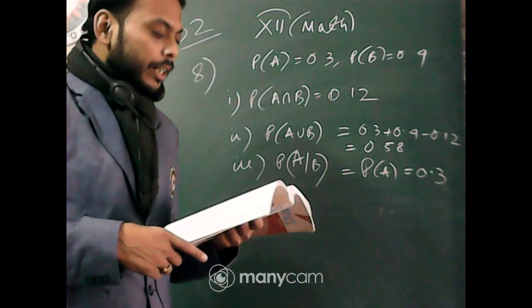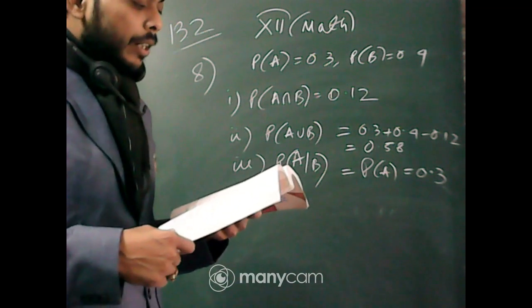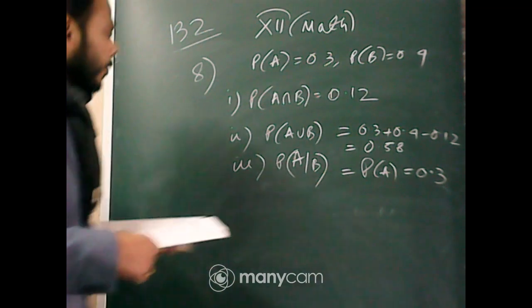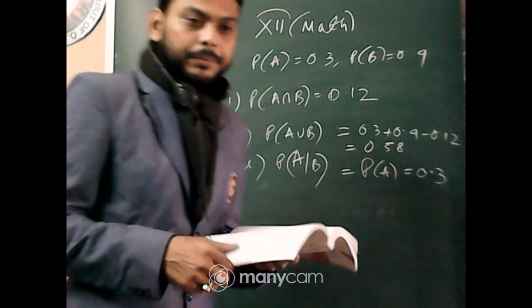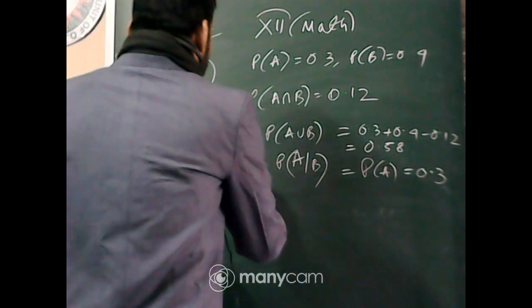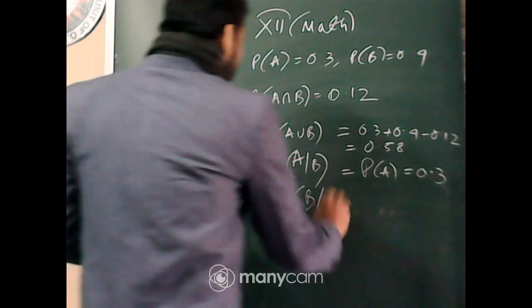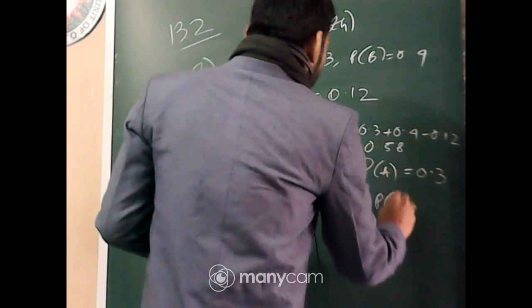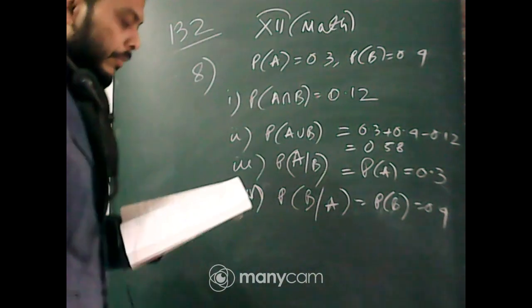Because already it is given in the question that A and B are independent events. So with respect to B, the probability of A is the same as the probability of A. Yes, independent. So number 4, P of B by A will be again P of B, so 0.4.